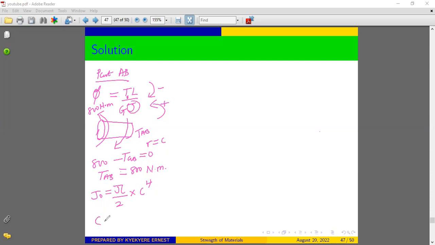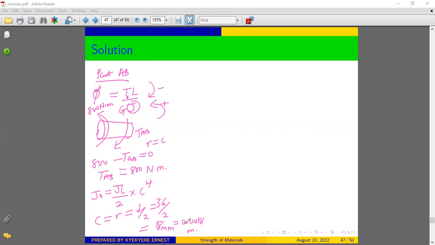From here, we are given the diameter to be equal to 36. Therefore, the radius will be equal to 36 over 2, and that will give us a radius of 18 millimeters. We change the 18 millimeters to meters, which will give us 0.018 meters.